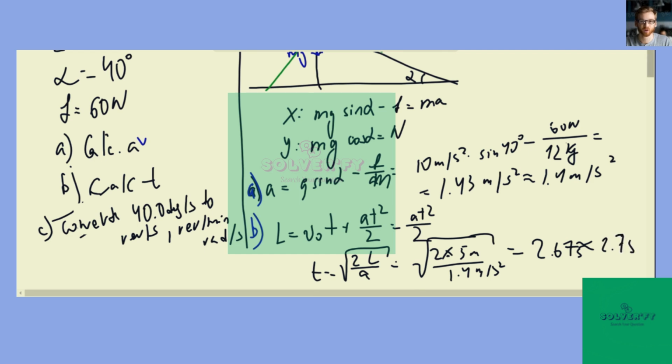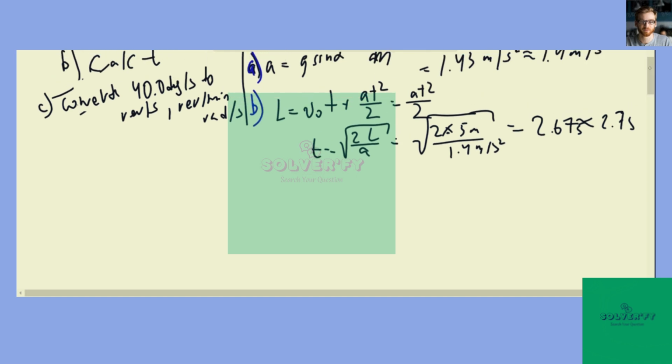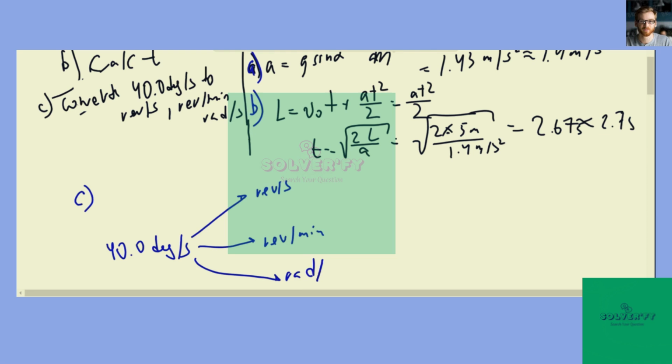So that's the solution of question B. Now we have to do the conversions for question C. So here we have to convert 40.0 degrees per second to revolutions per second, revolutions per minute, and radians per second.